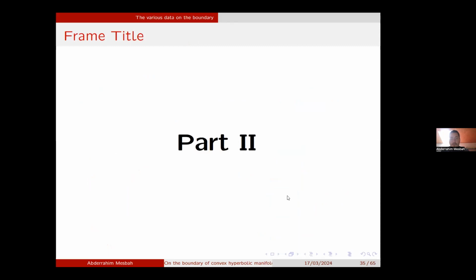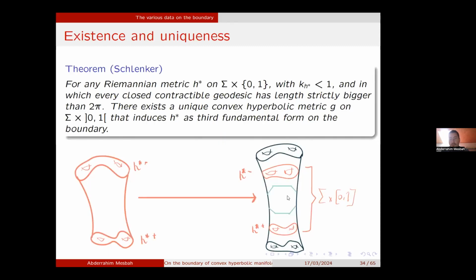Sometimes we have a full identification, the map is biholomorphic. Sometimes we have just an existence theorem, and sometimes we have a homeomorphism correspondence. So I think we can finish here for the first part.